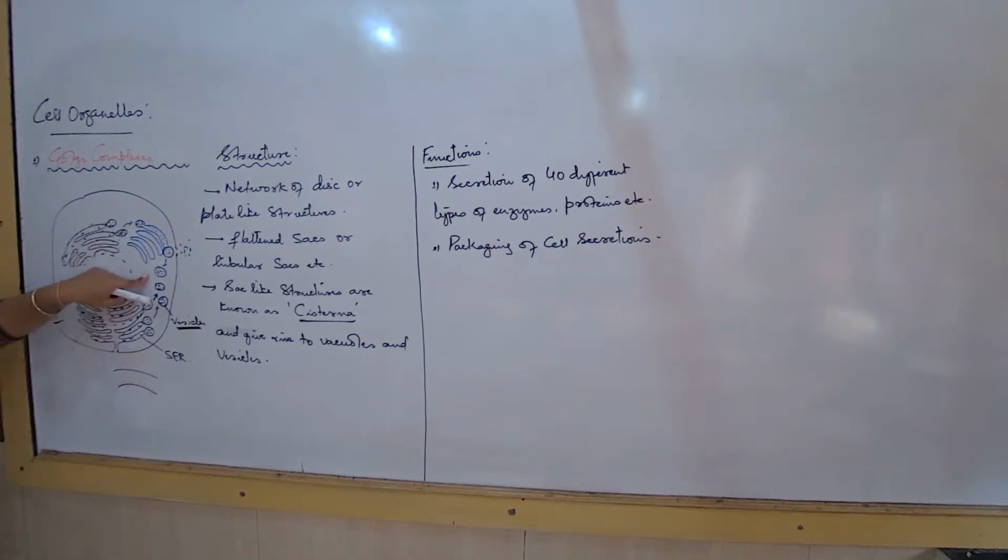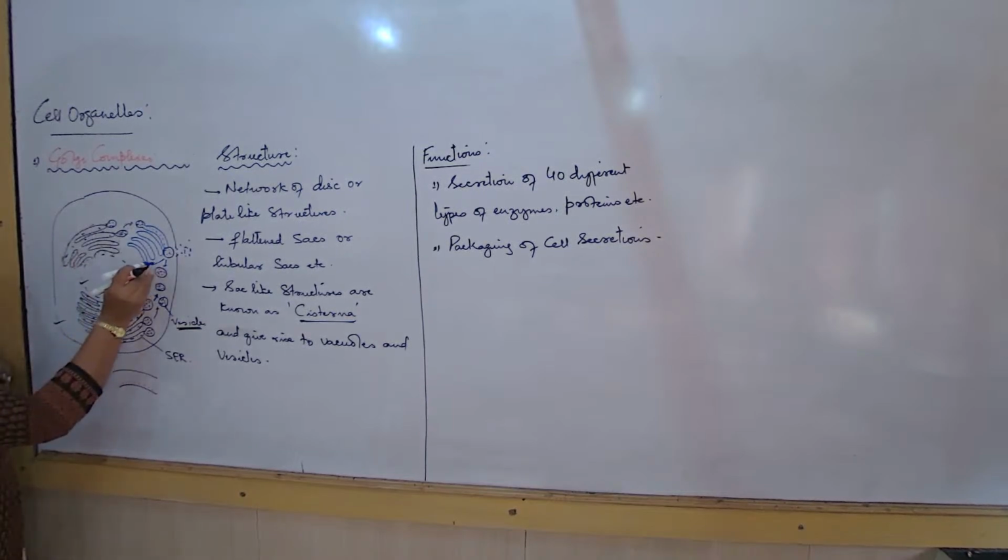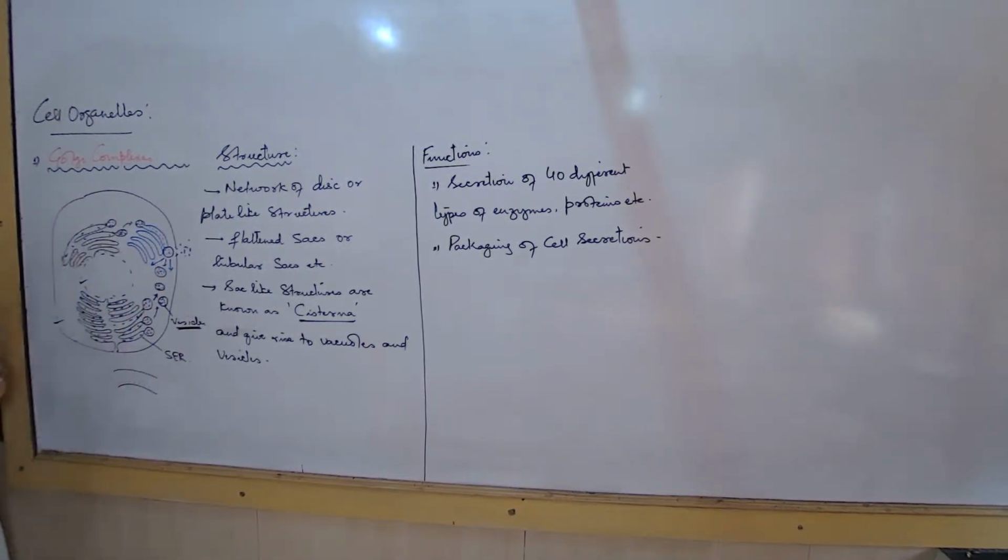So what did it do here? Now it is releasing so many different types of such vesicles. Vacuoles are released. These different types of vacuoles that the Golgi is releasing are of so many types.